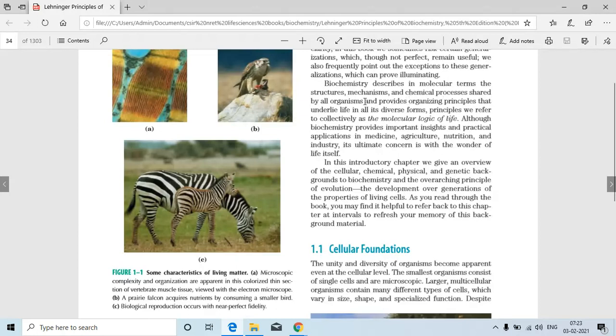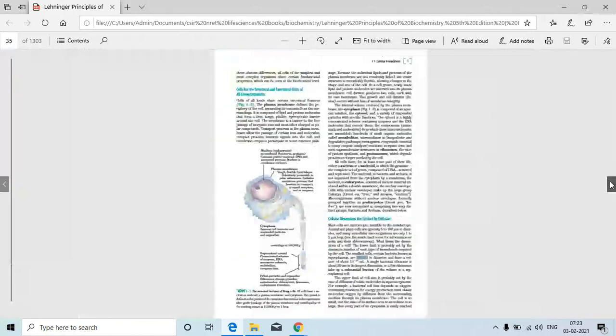So we have to remember that in biochemistry, chemical processes are added along with the biological terms, in which the molecular structure and the function along with its chemical processes have been described. Now we will move to the next page.